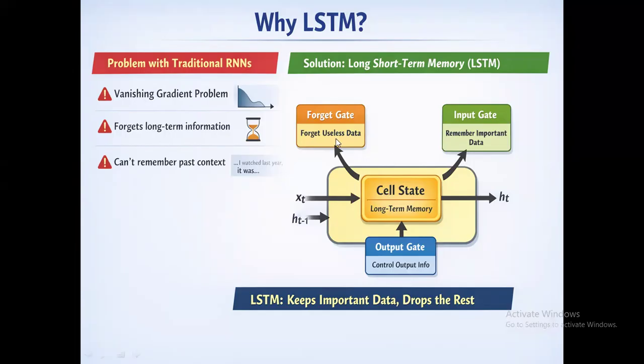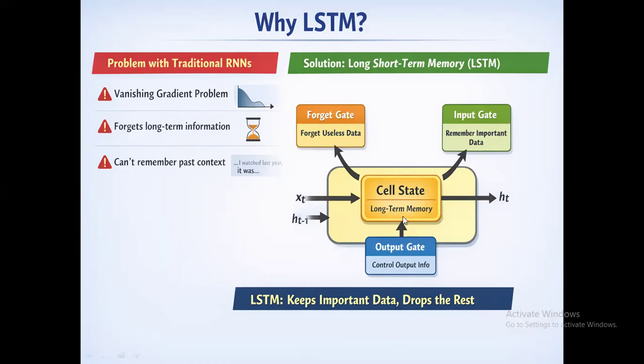What are the three gates I have said? A forget gate, input gate, and output gate. This is very, very important, these three points: forget, input, and output. They control the flow of information. These gates allow LSTM to keep important data, remove irrelevant information, and pass useful memory forward.